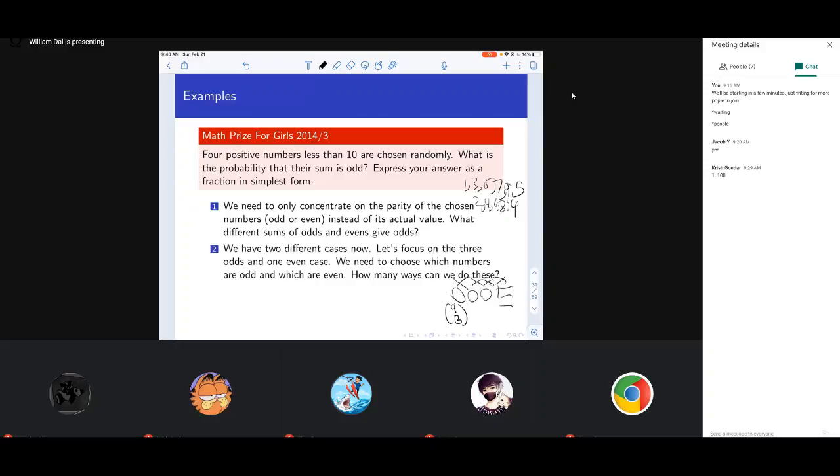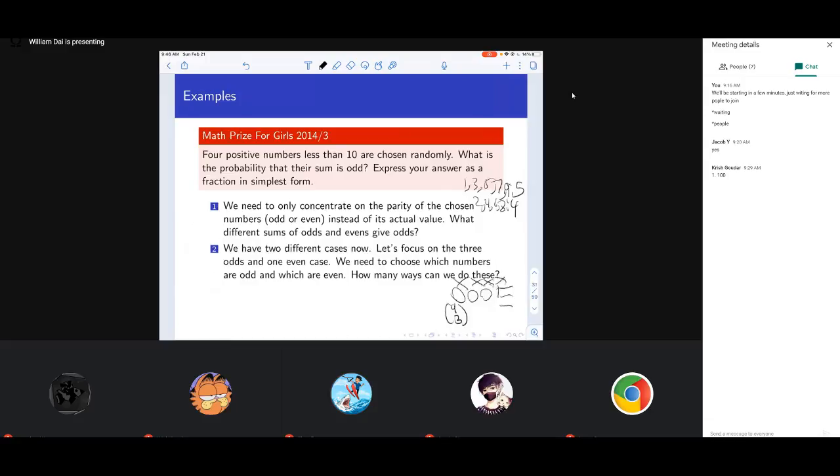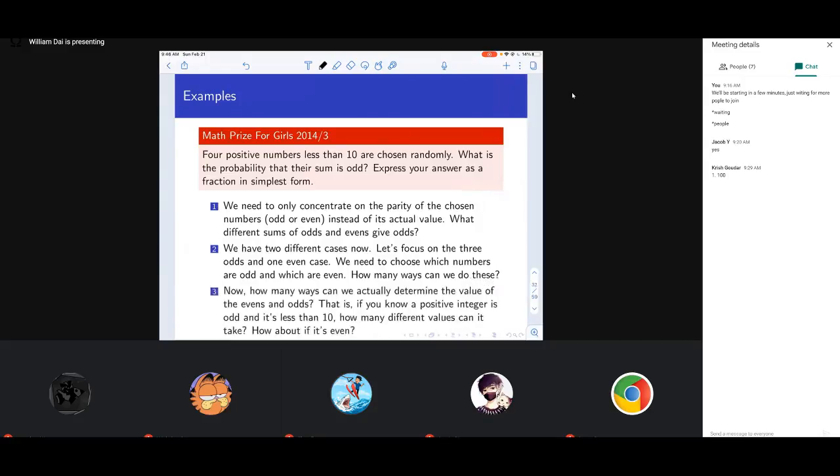There are 3 odd, so there are 4 choose 3 ways to choose which ones are odd. Then we have to determine the values of the odds and evens. We don't need to focus on the actual value; we focus on the parity, and we assign the actual values at the end.